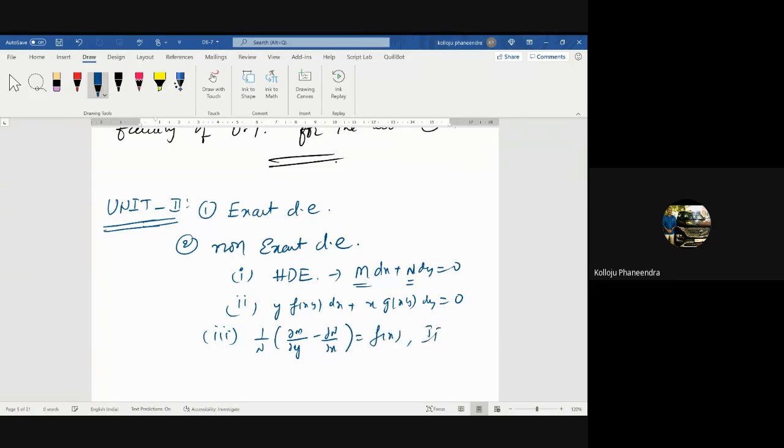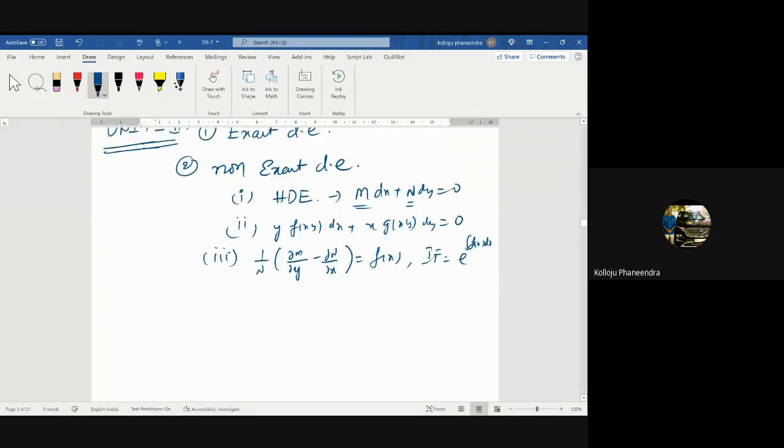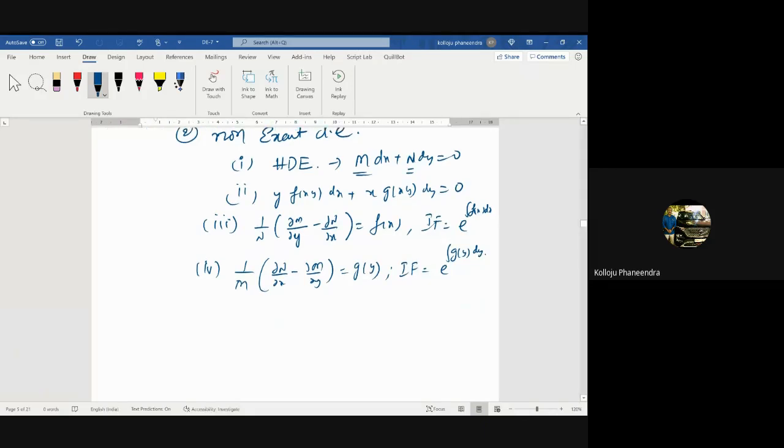Then the integrating factor is e to the power of integral f of x dx; multiply the differential equation by the integrating factor. And the fourth one: 1 over M into dou N by dou x minus dou M by dou y equal to a function of y alone. Then the integrating factor is e to the power of integral g of y dy. These are the four integrating factor methods to reduce a non-exact to an exact differential equation.